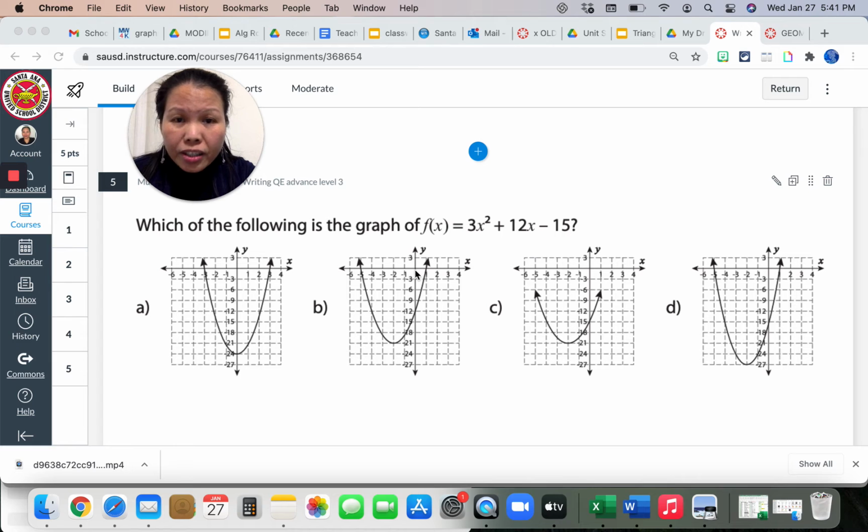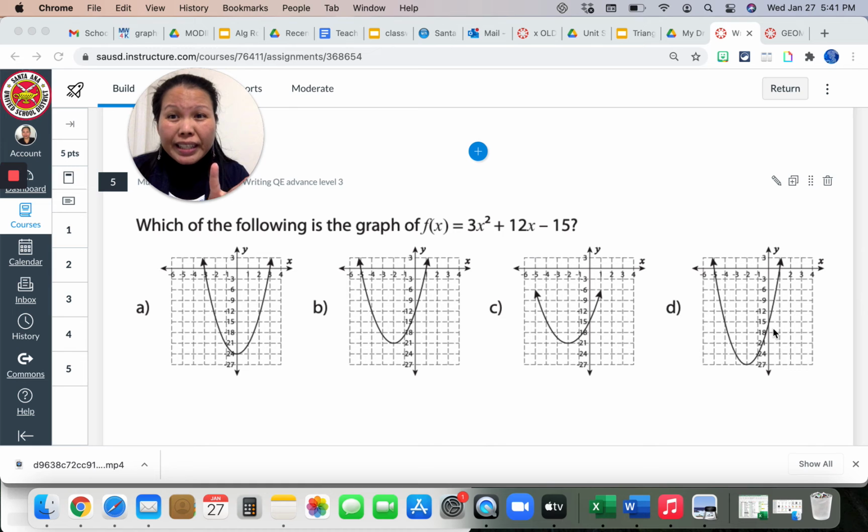Starting with 0 on the x, I go down, and the y-intercept for B is negative 12. No, not B either. So I can get rid of A and B. The choices I have are C and D, and you can see that the y-intercept is at (0, negative 15) for both choices, C and D.